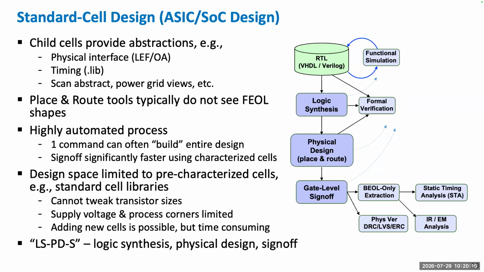Also, libraries are typically characterized at specific voltage and process corner bins, and you can add your own cells, but it's time consuming, it's painful, and you have to effectively characterize them to a similar quality as your other cells. So you lose a little bit of freedom. I would say it's worth it because of the efficiency. And that's where we are today.